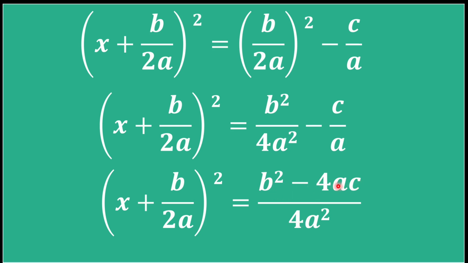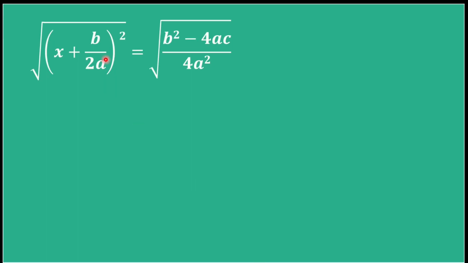So overall b squared minus 4ac divided by 4a squared. And now in the next step we will take square root on both sides of this equation.